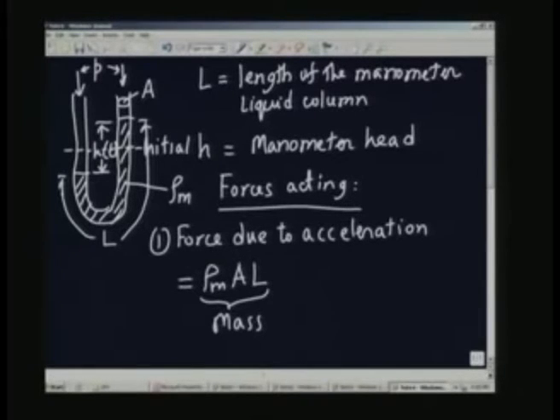And we will assume that the height h is changing with respect to time, and the derivative which gives the acceleration is d squared h by dt squared. So, this is the force due to acceleration. So, let us look at the other forces.